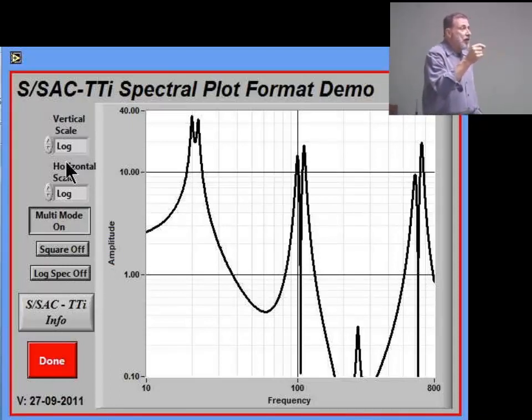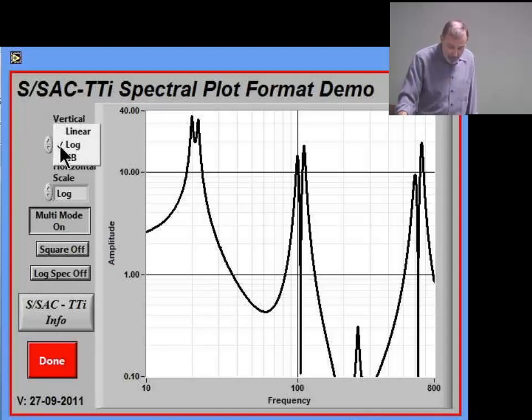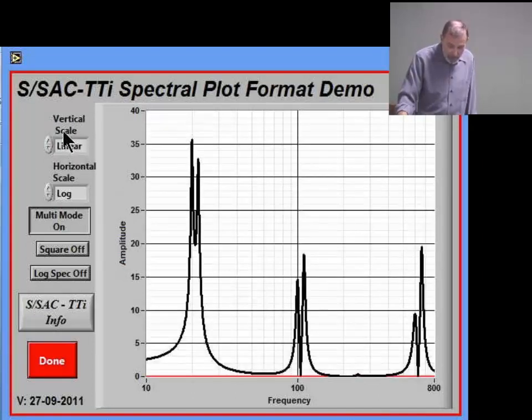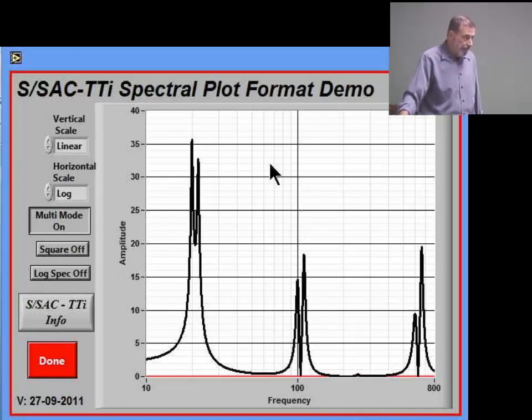So do you care about stuff that's less than 1% of the max? What you care about is the big stuff. So if I'm doing a test that doesn't have huge dynamic range, and I do want to see the peaks in detail, then I want to use a linear vertical scale.